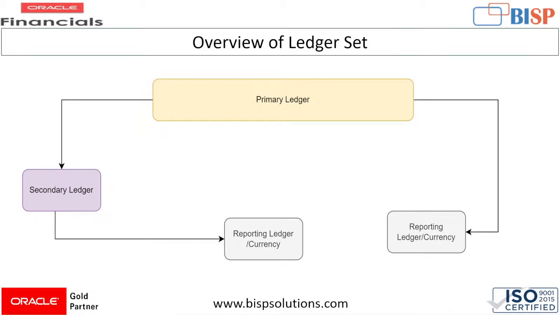For example, if your company has a separate subsidiary in several countries worldwide, enable reporting for each country's legal authorities by creating multiple primary ledgers, each representing a country with a local currency, chart of accounts, calendar and accounting method.